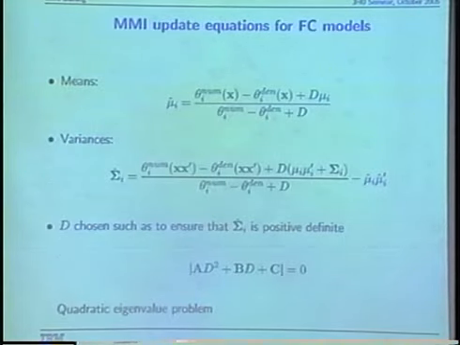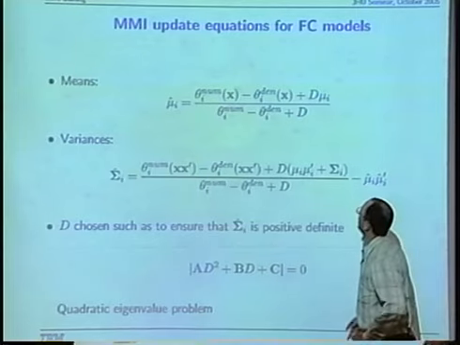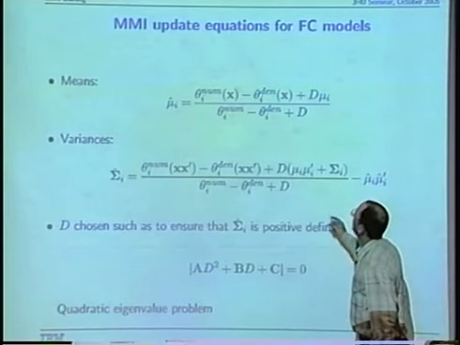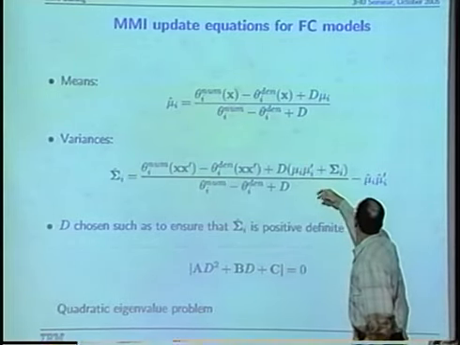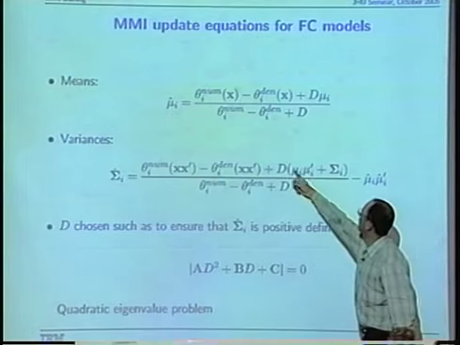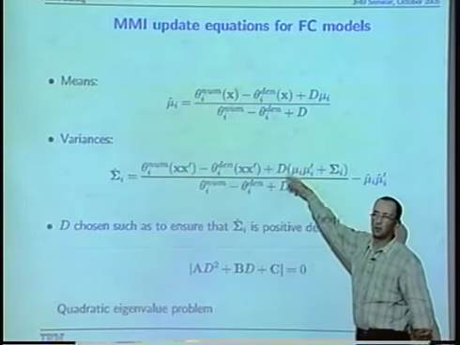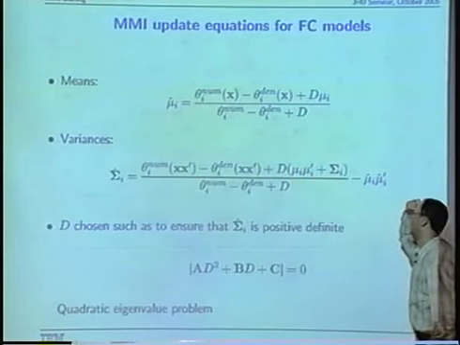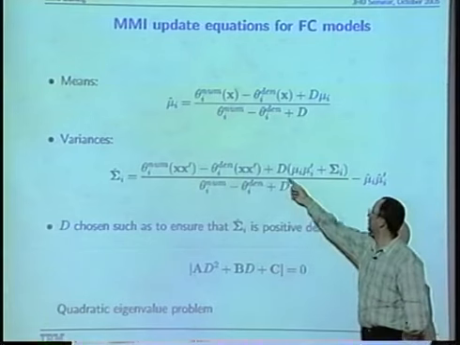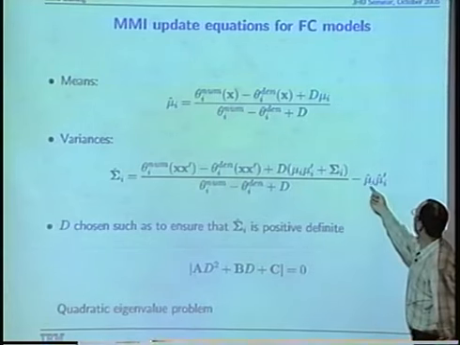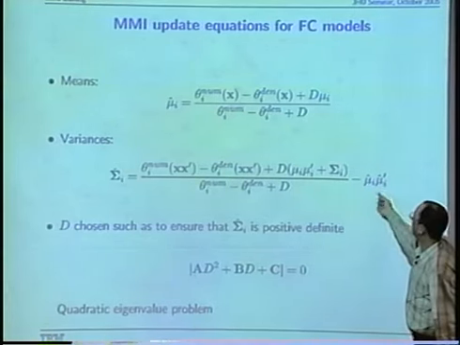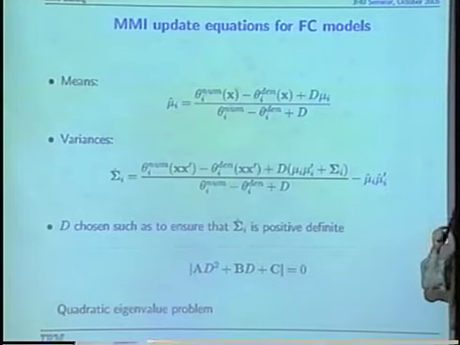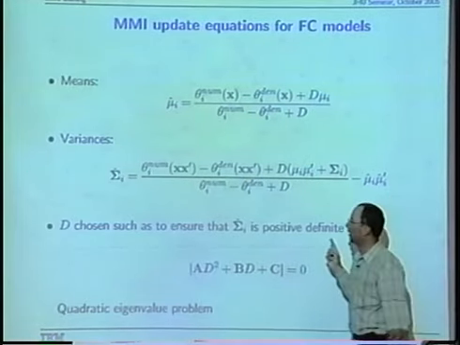Okay, so the MMI equations that we used are fairly standard, at least for the means and the variances. So instead of having mu ij squared like you would have for diagonal covariance models, you just have outer products of means here, and you subtract the outer product of the re-estimated mean. But now there's an interesting problem.